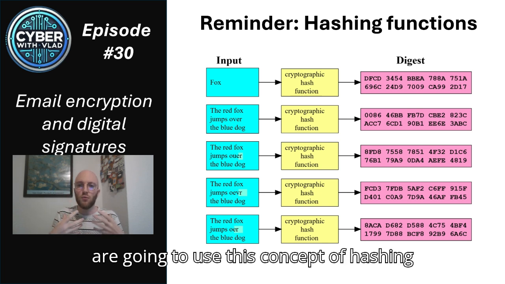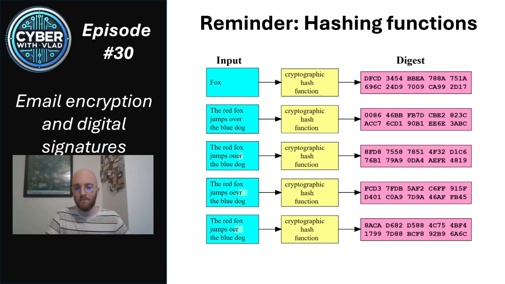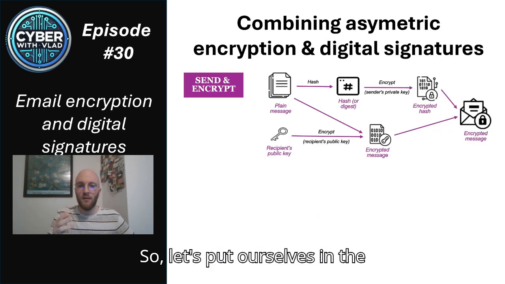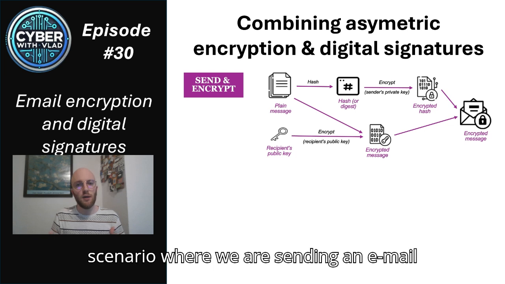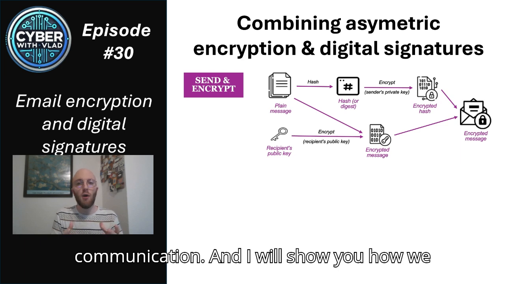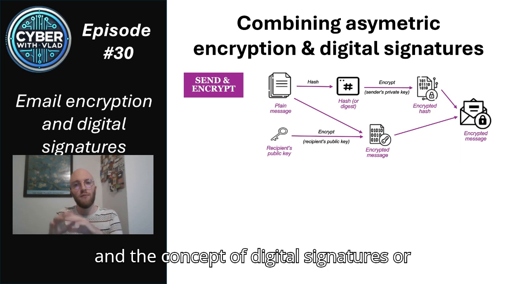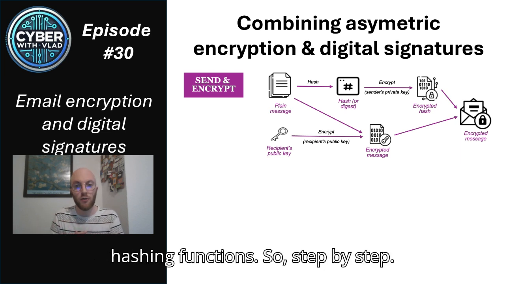And we are going to use this concept of hashing in order to verify the integrity. So let's put ourselves in the scenario where we are sending an email, and we want to send and encrypt a communication, and I will show you how we can use both asymmetric encryption and the concept of digital signatures or hashing functions. So, step by step.